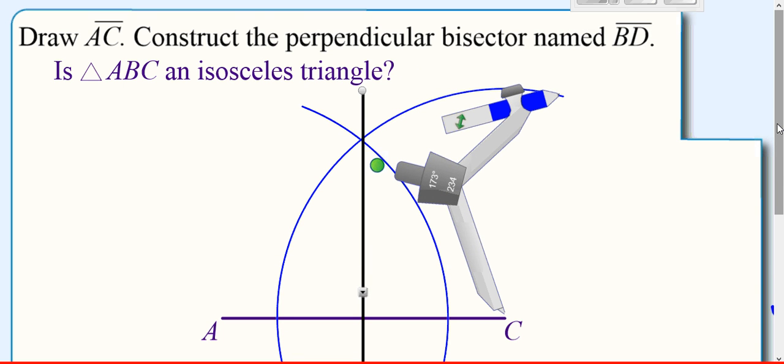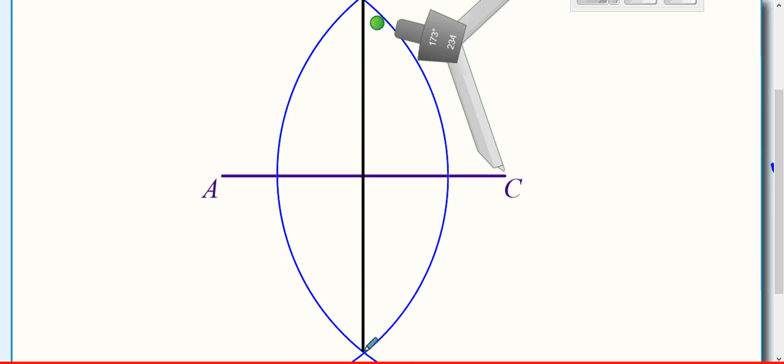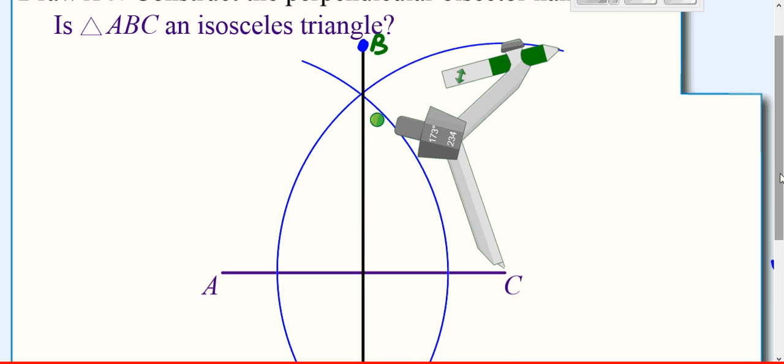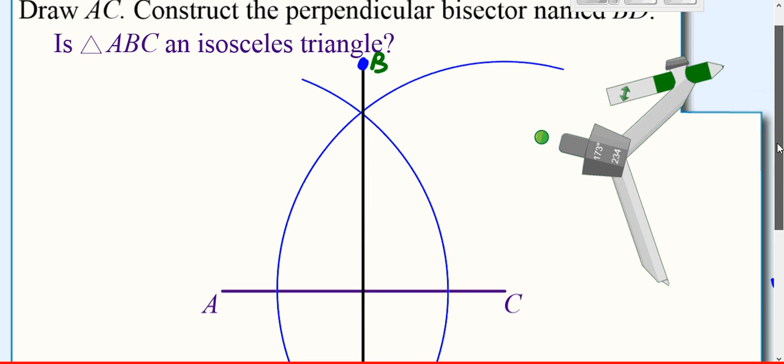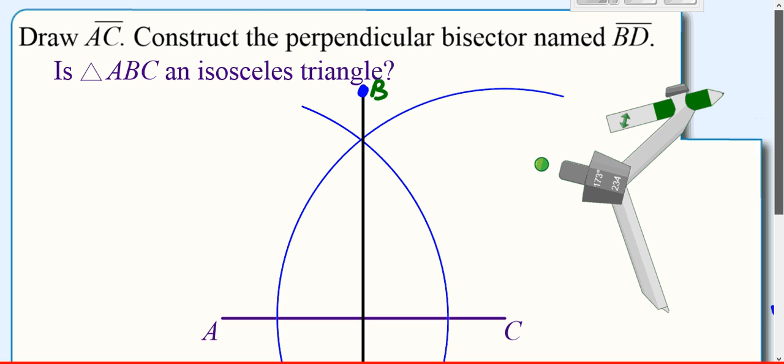So they want us to name this BD. So right here we can put B and then D. And now it asks the question, is ABC an isosceles triangle?